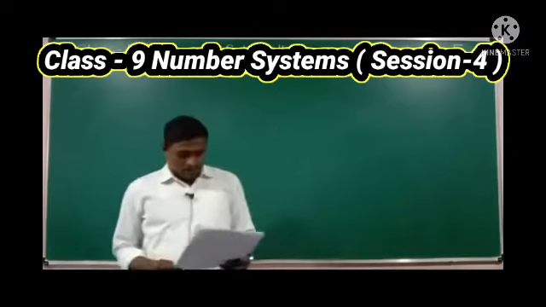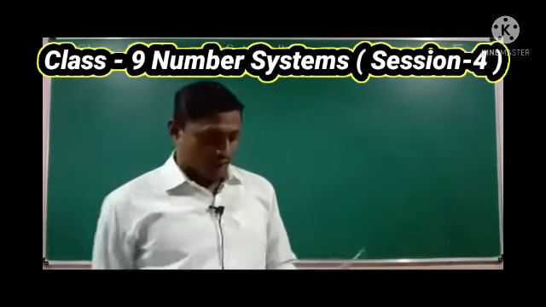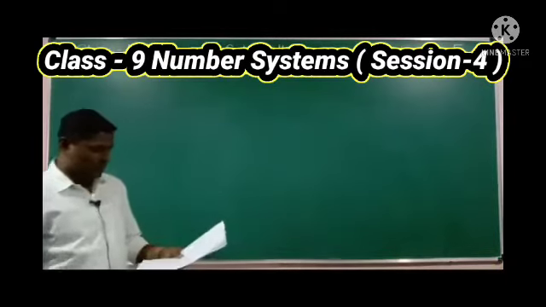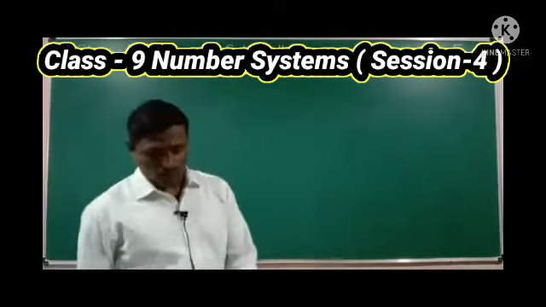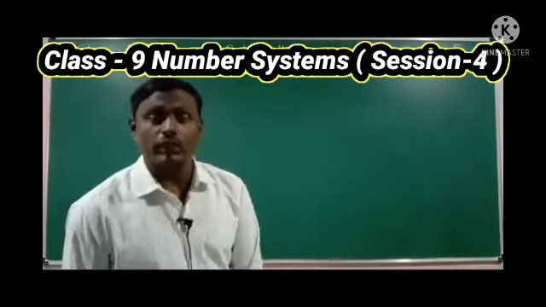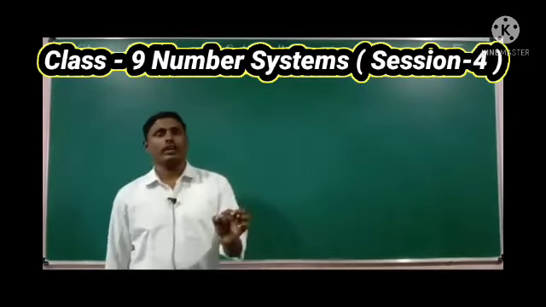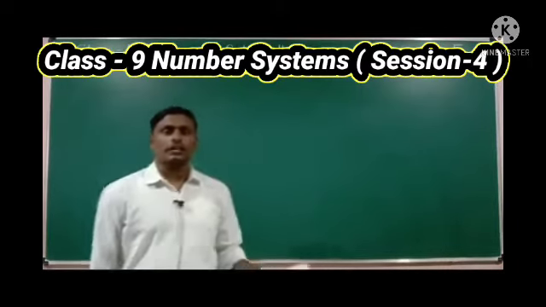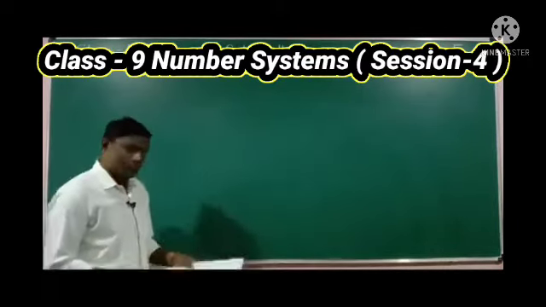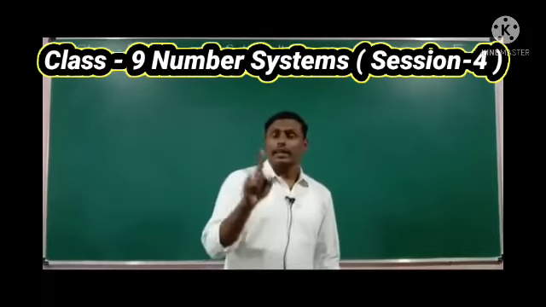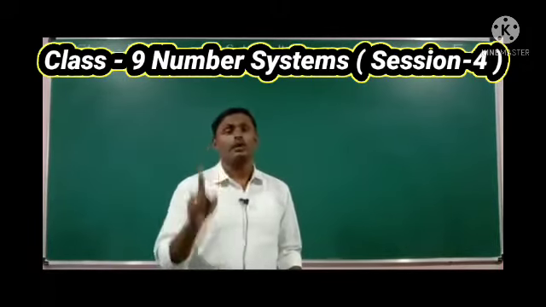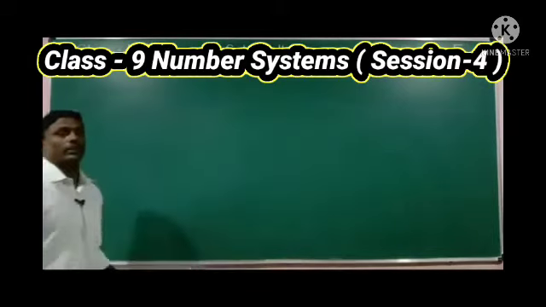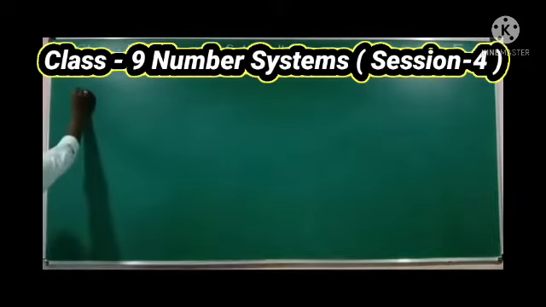So the next concept is finding rational and irrational numbers. If A and B are positive numbers such that their product A into B is not a perfect square, then how are we going to find the rational and irrational numbers?